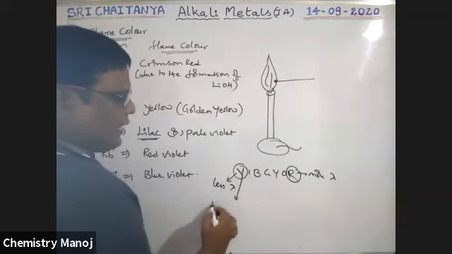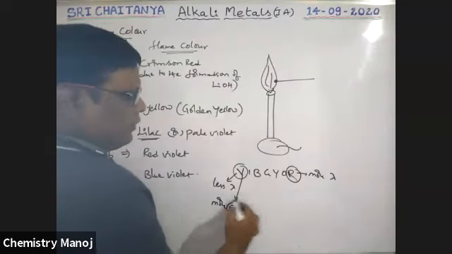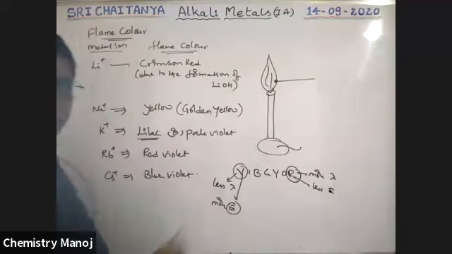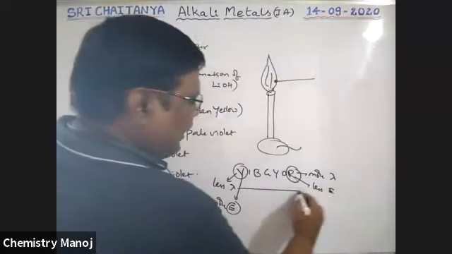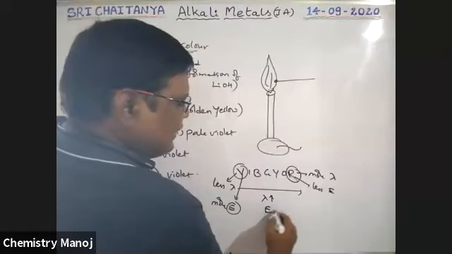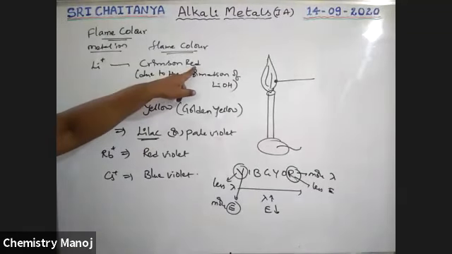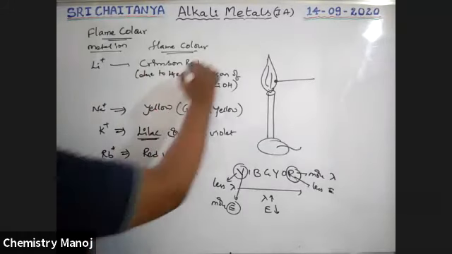So violet has more energy, red has less energy. That means from left to right, wavelength increases and energy decreases. See, boys, crimson red is almost red, which means it has more wavelength.